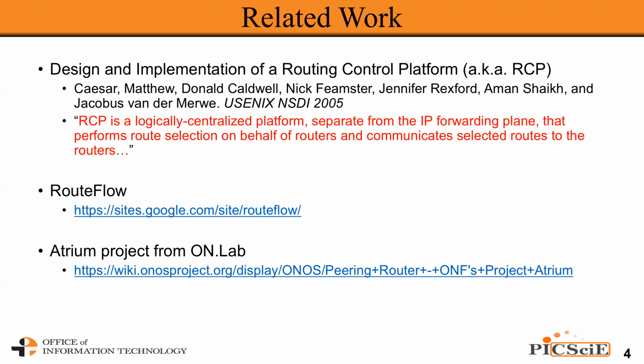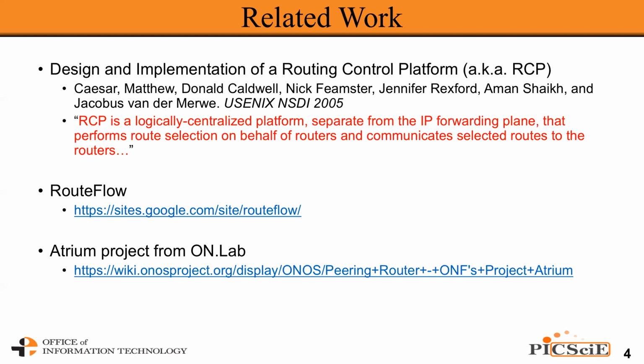RouteFlow is a more recent work. It was between 2010 and 2014, I think. One of the first works that used OpenFlow switches as forwarding devices, while a separate RouteFlow server would reproduce the whole topology running VMs and push rules to the OpenFlow switches to do routing. Atrium is a more recent work, a well-known project from ON.Lab.